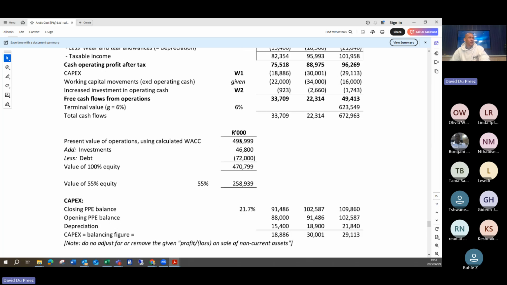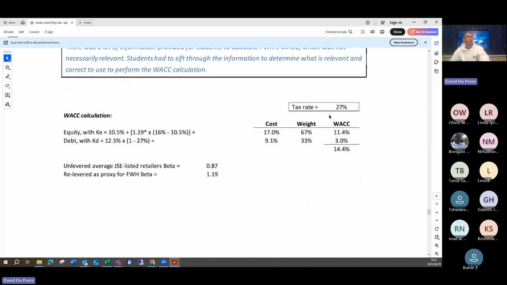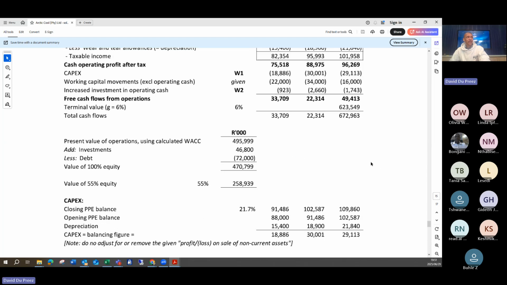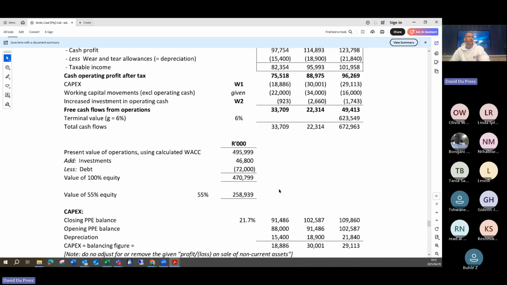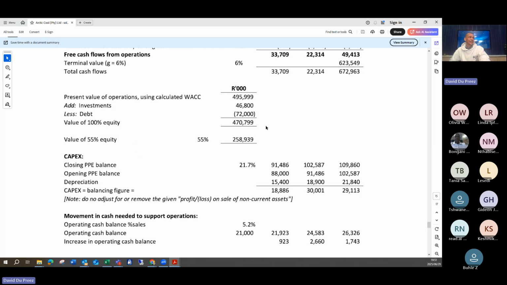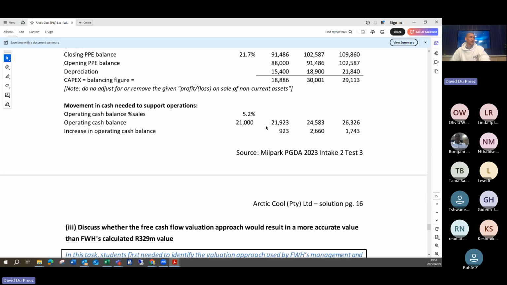This present value is the discount that you'd have used here, using an appropriate discount rate, and that would have been the WACC that you calculated over here. The principle I'm trying to show you is that you could have thumb-sucked this and still gotten the marks, even if you didn't understand the details behind it, to get to your answer.